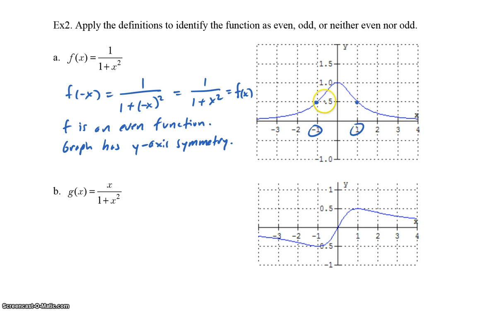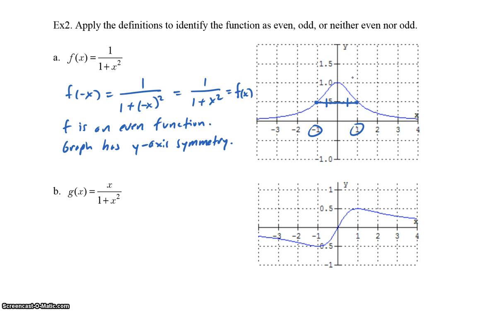Graphically, what happens is if you draw a line segment connecting the 2 points, then the y-axis will act as a perpendicular bisector, meaning that the distance from the one point to the y-axis is the same as the distance from the other point to the y-axis. And this again would be true for any pair of opposite x's we might select.